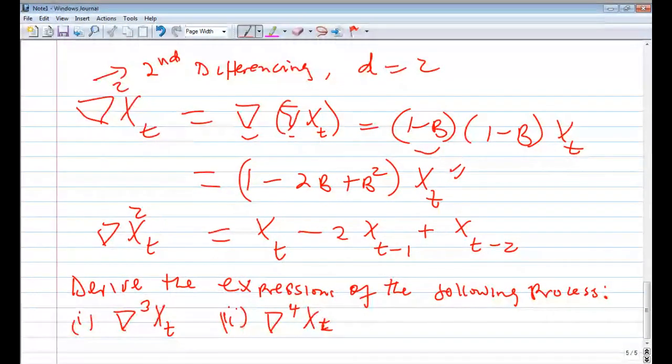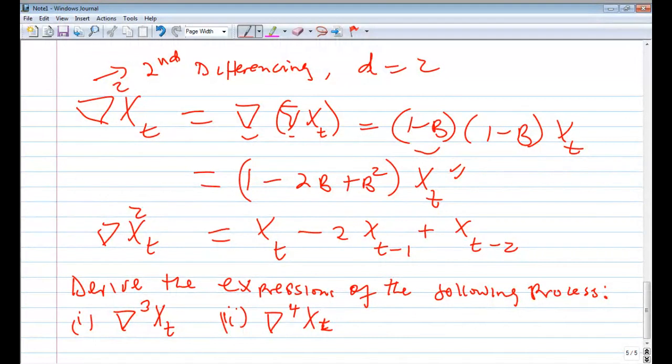Remember, when we difference, we are differencing a process which is not stationary. So you have to do it for the first time. If it's not stationary, you go for the second time. If it's still not stationary, you go for the third time. But you must be aware of over differencing. Normally we difference once or twice.